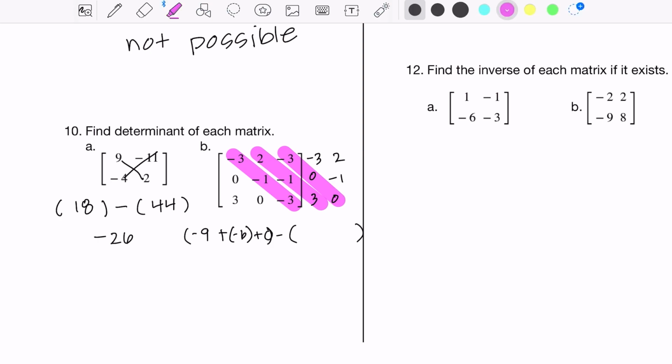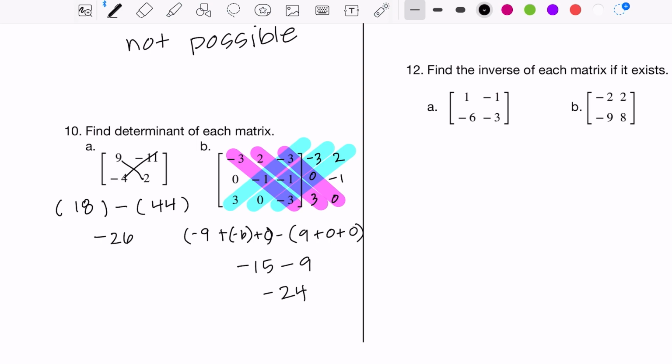And then we'll go the other way. And we get 9 plus 0 plus 0. So that's negative 15 minus 9, which is negative 24.